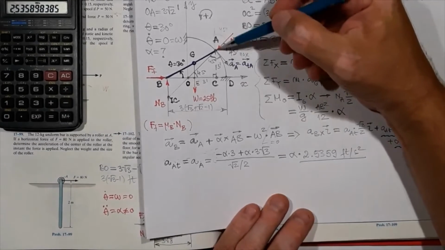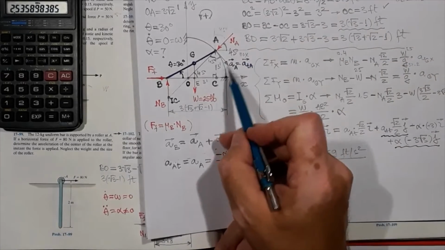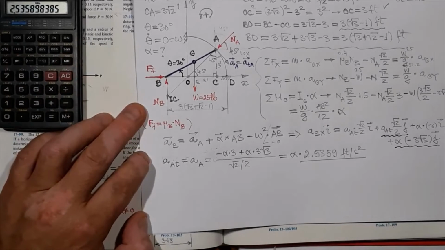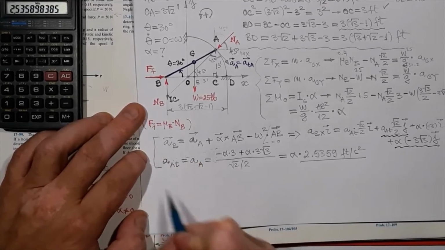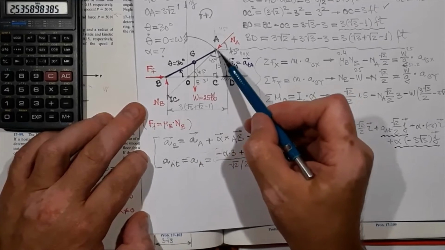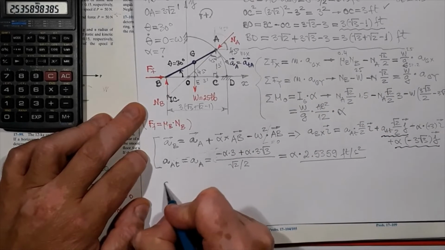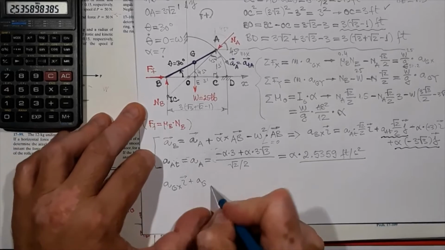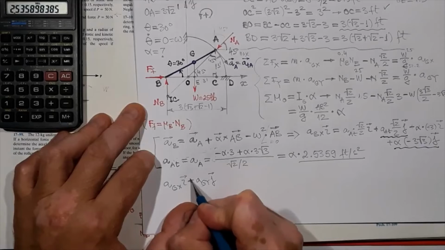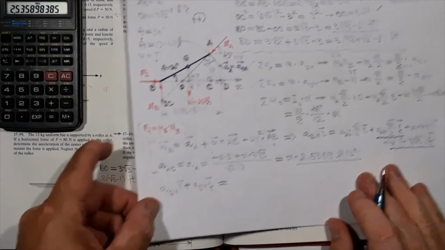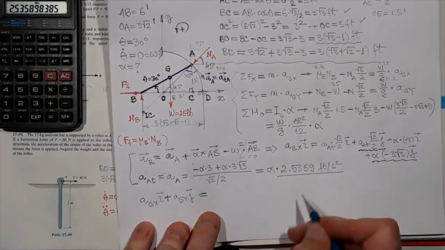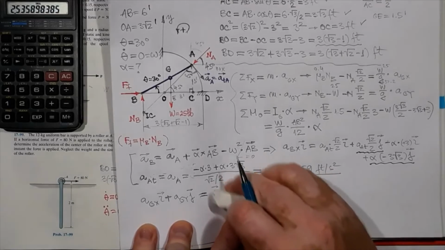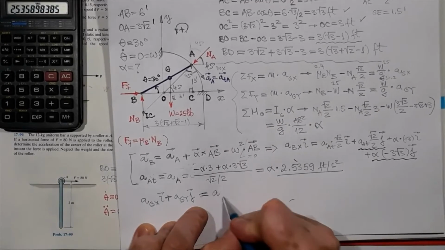Okay, so we have the acceleration of point T, and now we can state its direction is at 45 degrees and down, so it projects negative over y, positive over x. And then I'm going to say acceleration of G with respect to A. So acceleration of G, the center of mass, in the x direction i, plus acceleration of G, y projection times j, equals the acceleration of A, which we have, acceleration of A vector.